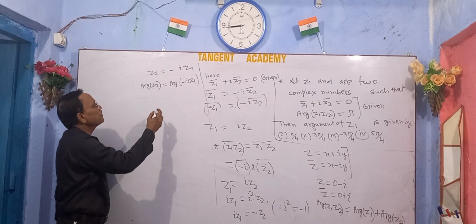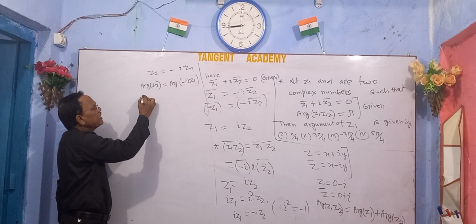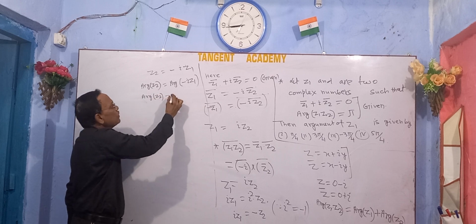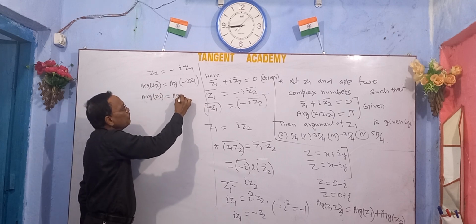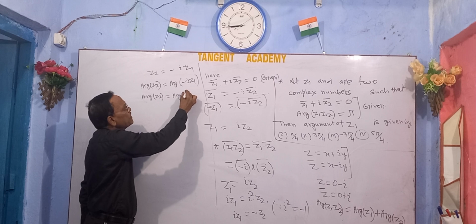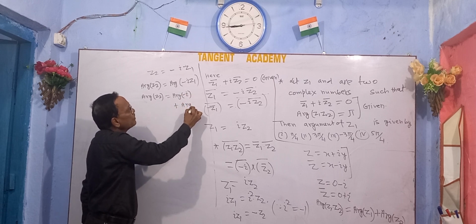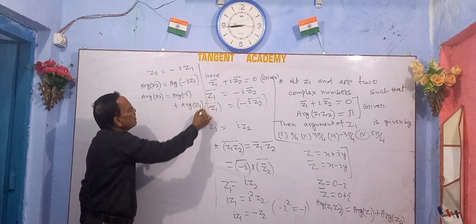Therefore, this can be written as the argument of Z2 is equal to the argument of minus i, meaning minus iota, plus the argument of Z1.